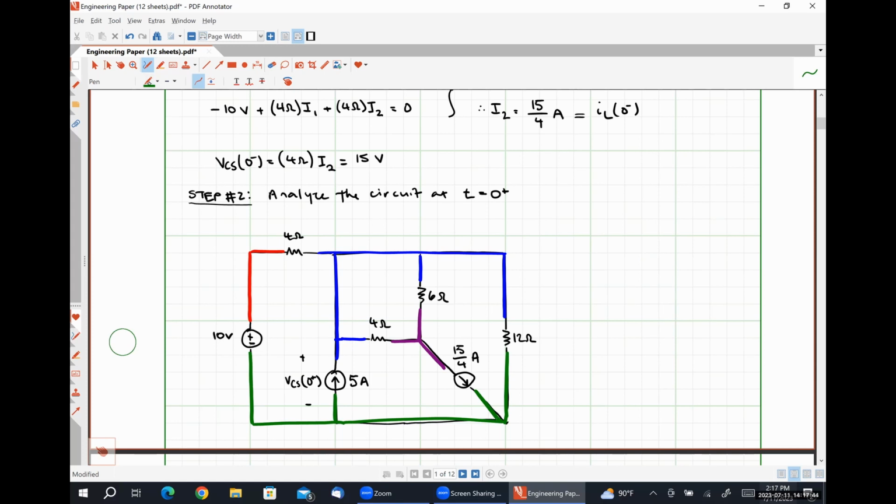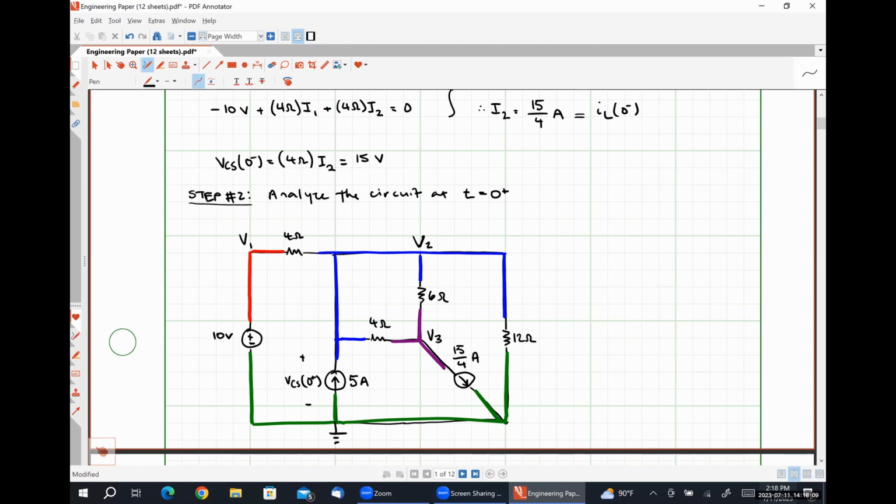this guy. I'm going to choose to put my reference node at the bottom node, like so. And I'm going to call this V1, V2, and V3.